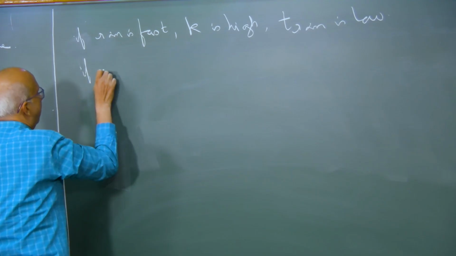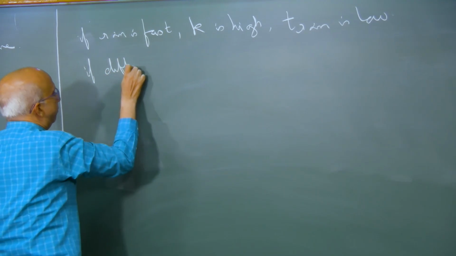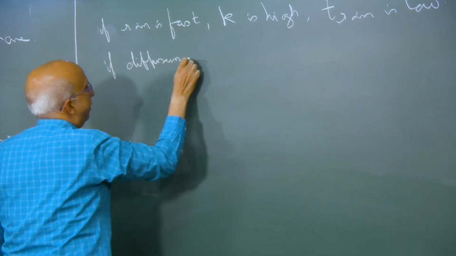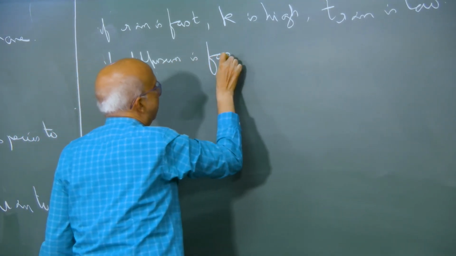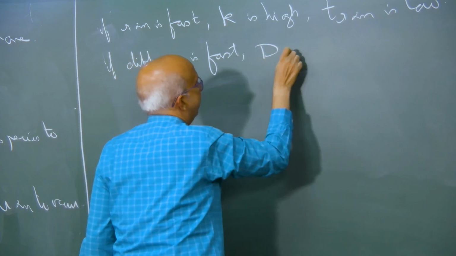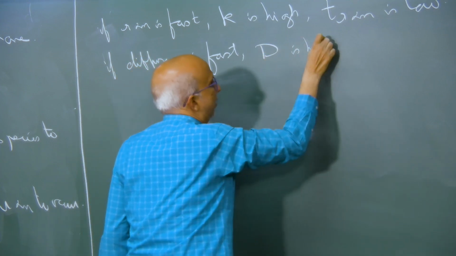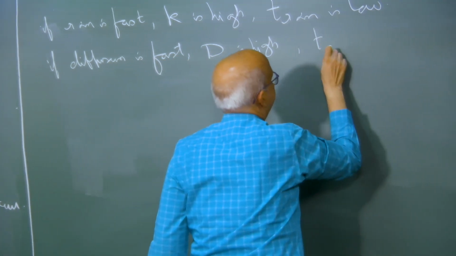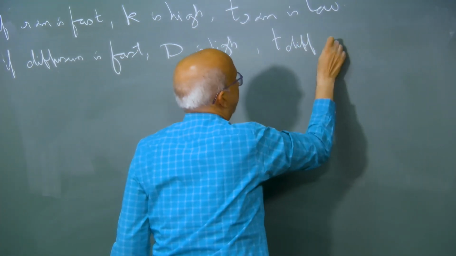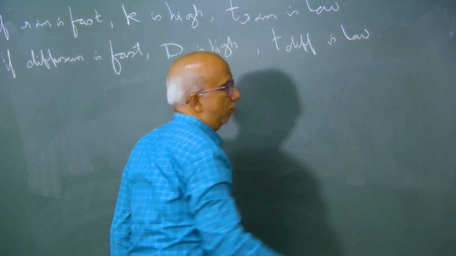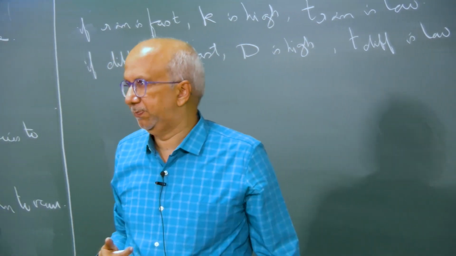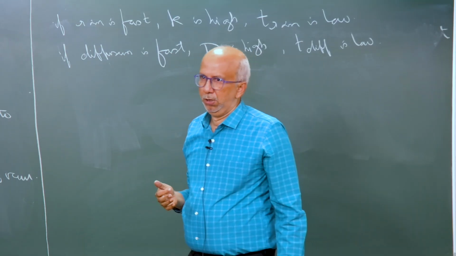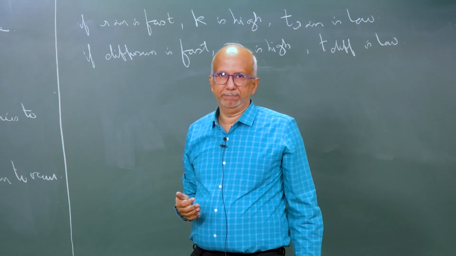If diffusion is fast, that means D is high, the diffusion coefficient is very high, and T diffusion is low. The time taken for a species to diffuse is low if the diffusion coefficient is high.